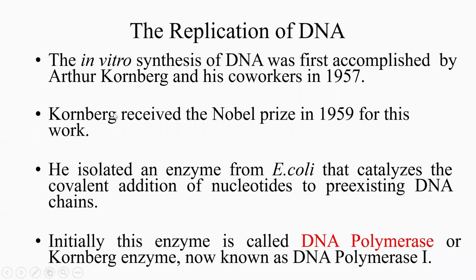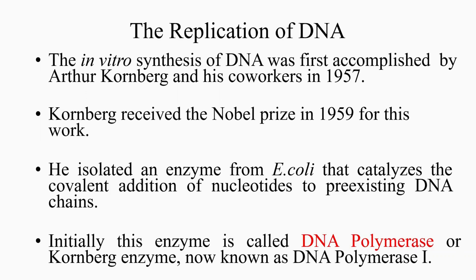DNA synthesis was first accomplished by the scientist Arthur Kornberg and his co-workers in 1950. Kornberg received the Nobel Prize in 1959 because he isolated the enzyme responsible for the synthesis of DNA.